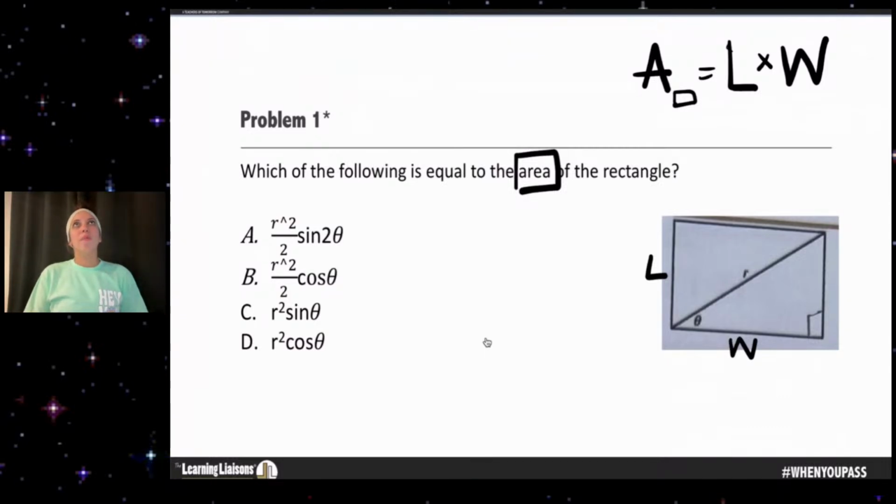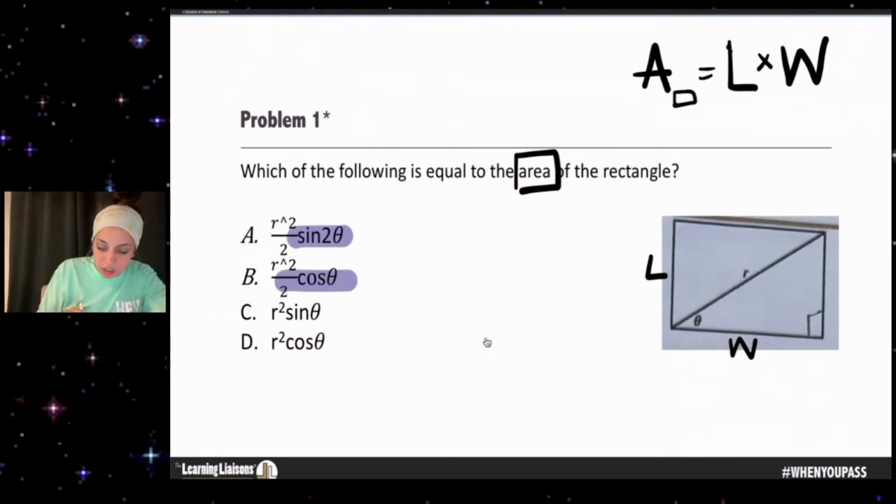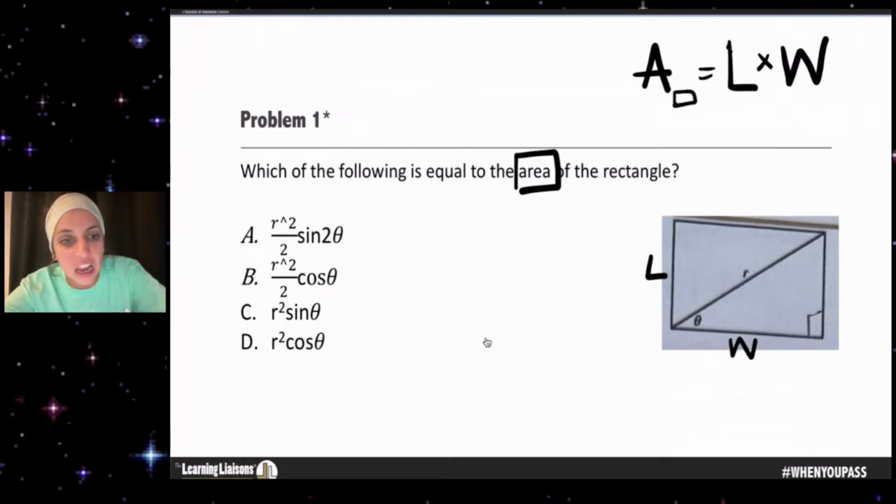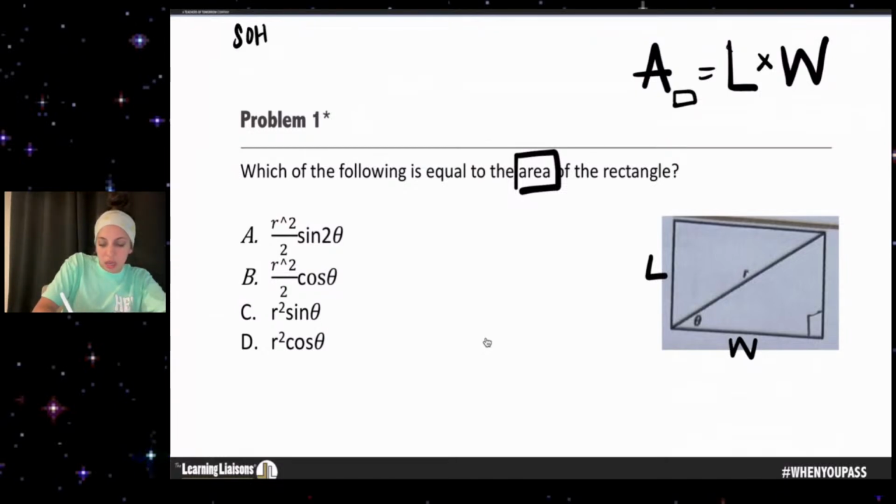Well, I know I'm probably going to have to use sine, cosine, and/or tangent because when I look at my answer choices, there's sine, there's cosine, there's sine, and there's cosine. So if you are completely stuck on this, start doing something with sine and cosine because it's part of your answer choices. So I know that the relationship with sine and cosine and tangent in a right triangle is SOHCAHTOA.